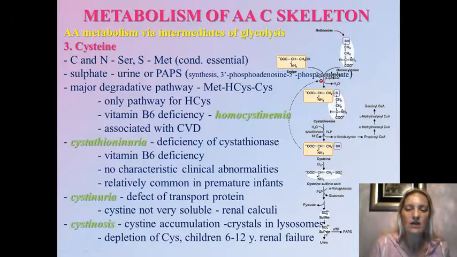Sulfite is oxidized by sulfite oxidase to sulfate. And sulfate is excreted either in urine in the form of sulfate, or it's converted with ATP to so-called PAPS, which is 3-phosphoadenosine 5-phosphosulfate, an activated form of sulfate used for numerous biosynthetic pathways of molecules which require a sulfur atom in their structure, like some glycosaminoglycans.